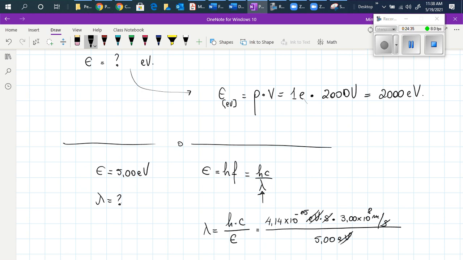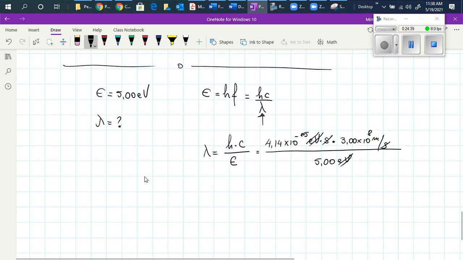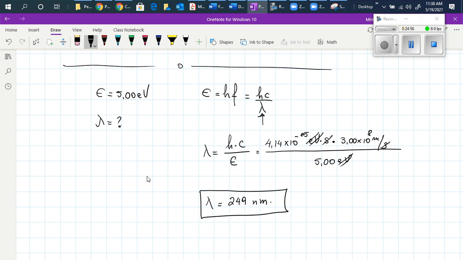Seconds cancel, and electron volts cancel, and what we are left with is meters, which is the unit for the wavelength. So the wavelength, if we convert it into nanometers, will be 249 nanometers. Okay.